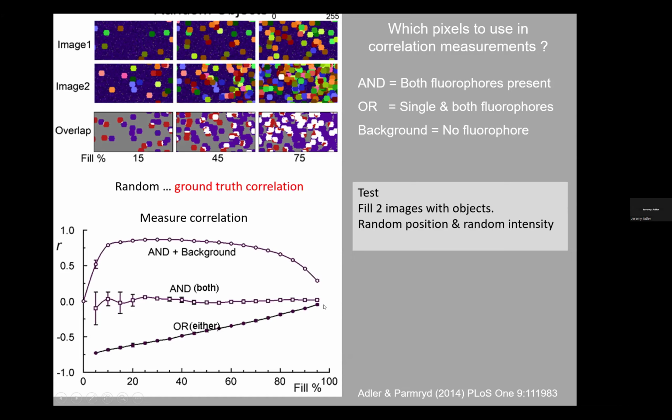So the only one that actually produces the ground truth known answer is to measure correlation using the pixels where both fluorophores are present. That works. The others do not. So this is a very empirical way of deciding it, but it should work. It should be true, which is useful.